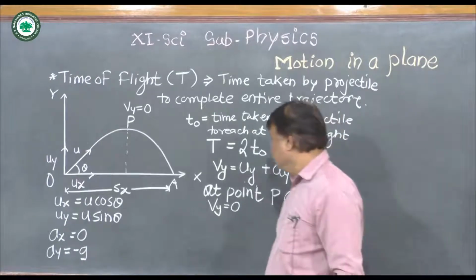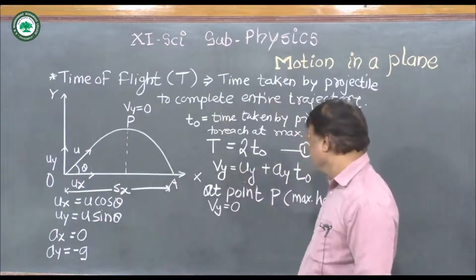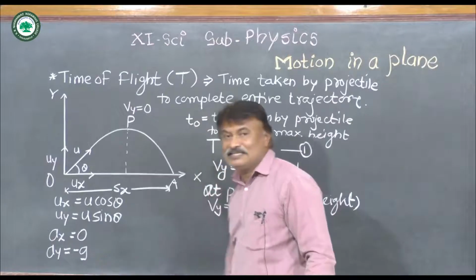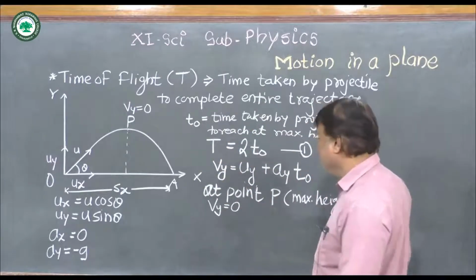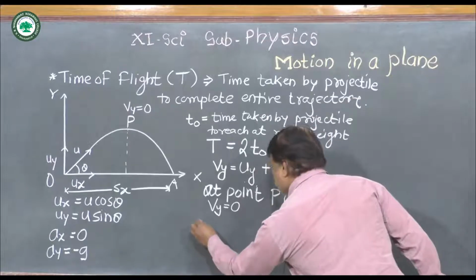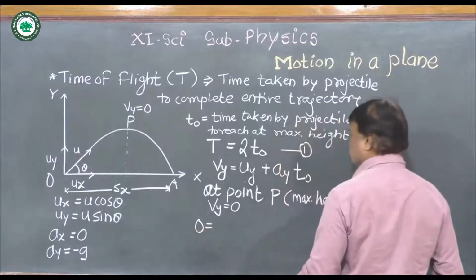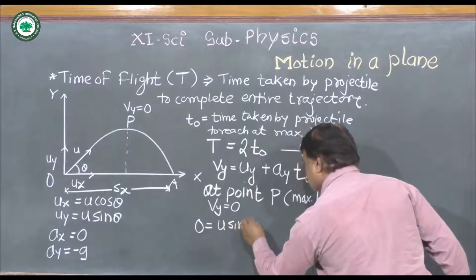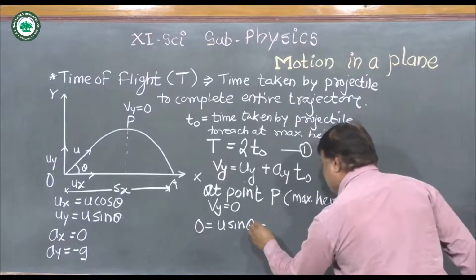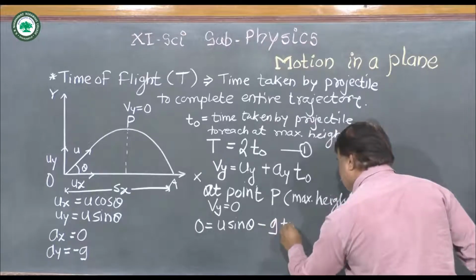We know that Uy is equal to u sin theta and Ay is equal to minus g. On substituting all these values in this equation, we get 0 is equal to u sin theta minus g into t0.